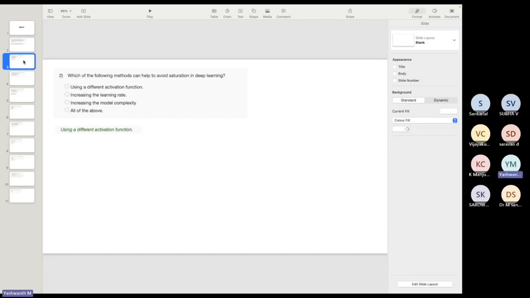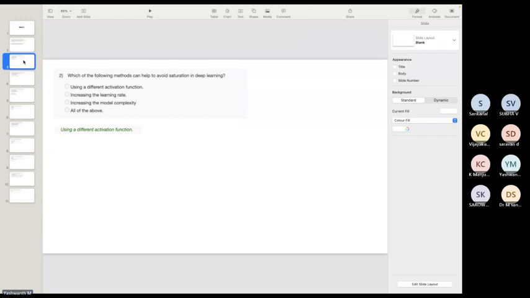Now, which of the following methods can help avoid saturation in deep learning? Using a different activation function, that is fine. Increasing model complexity is not the solution; that is to improve the high bias problem, just as we discussed.